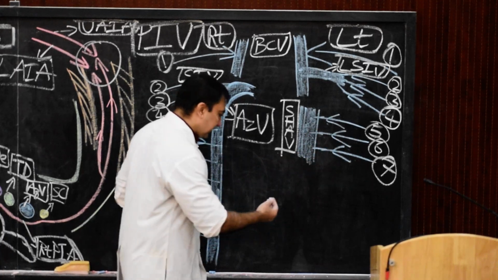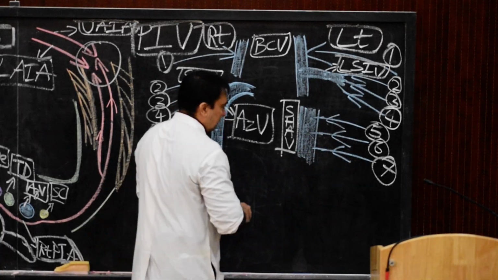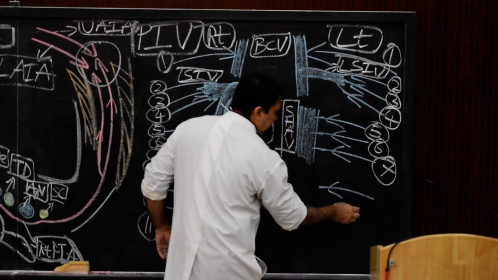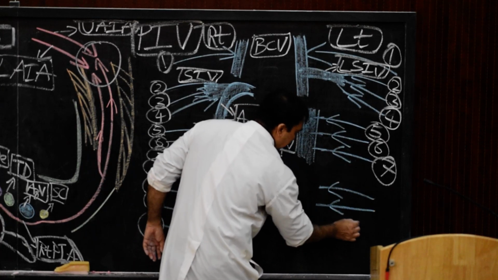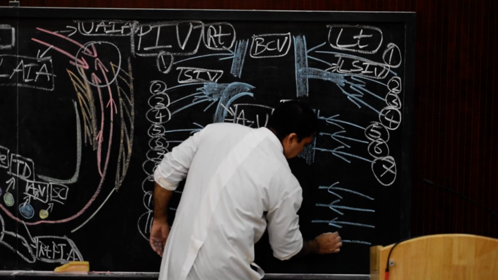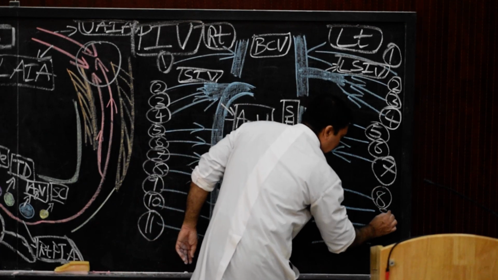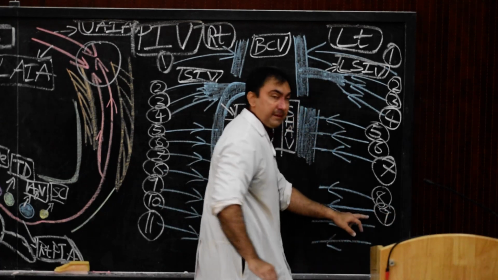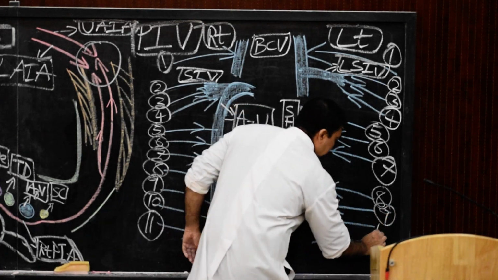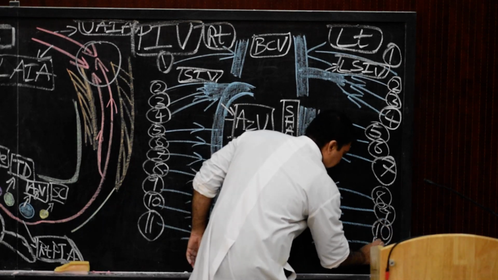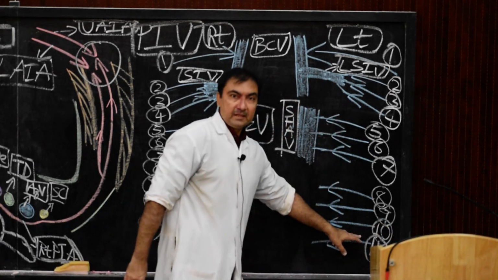Then the left side remaining spaces. What are the remaining spaces? The remaining will be 8, 9, 10 and 11. Similarly, we mention the numbers 8, 9, 10 and 11.